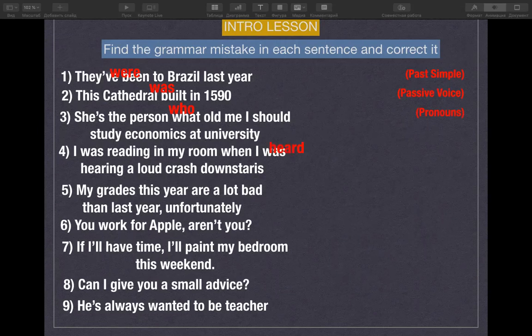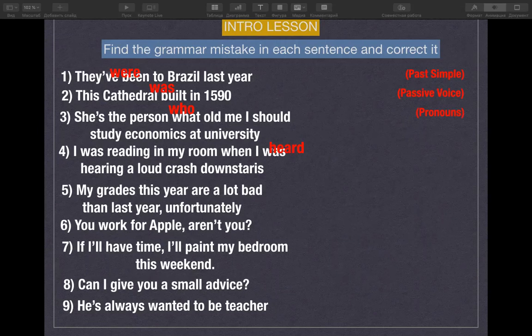I was reading in my room when I was hearing. Изначально было написано: I was reading in my room when I was hearing a loud crash downstairs. Я читал в комнате, как услышал звонкий звук поломки какой-то внизу.